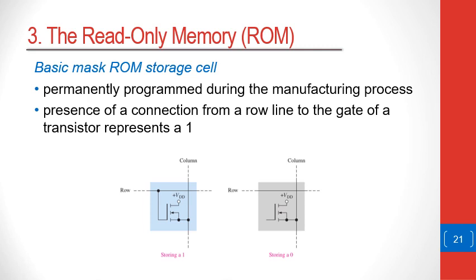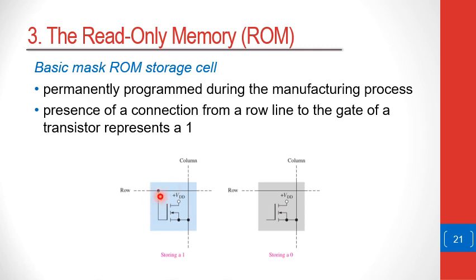For example, if we look at a ROM storage cell, that is the transistor here, which is storing a 1. It's storing a 1 by virtue of having a connection to the row itself.